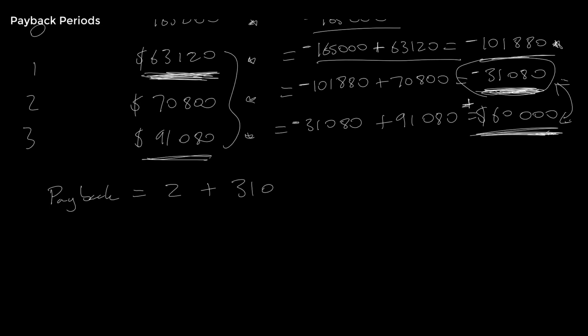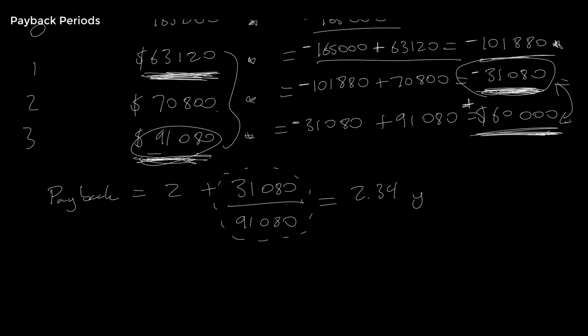So $31,080 is the last negative cash flow balance that we have in the cash flow balance that we've calculated, and then we divide it by the cash flow of the following year. So the cash flow generated in the following year is $91,080. Okay, and this will work out the exact fraction between year 2 and 3 at which the payback period occurred, assuming that you receive your cash flow relatively evenly throughout the year. So if you evaluate this term, you get 2.34 years.